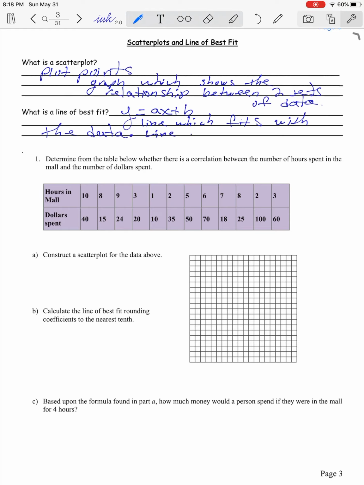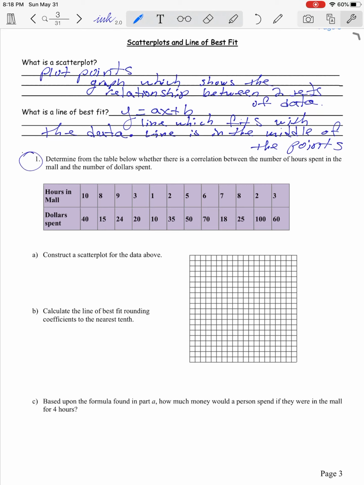And the line is in the middle of the points. And I'll show you all of that. This is something we've done already. We've done regressions. We're going to do them again.